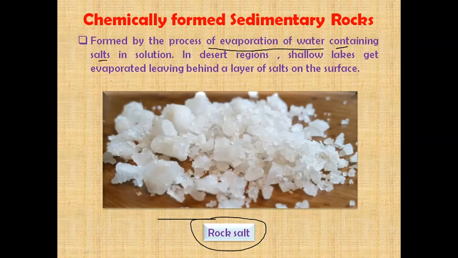That means the water gets evaporated, leaving behind the salt, and it happens in desert regions, in shallow lakes. That is, in the shallow lake, what happened? Water gets evaporated, leaving behind a layer of salt on the surface, which forms the chemically formed sedimentary rock known as rock salt.